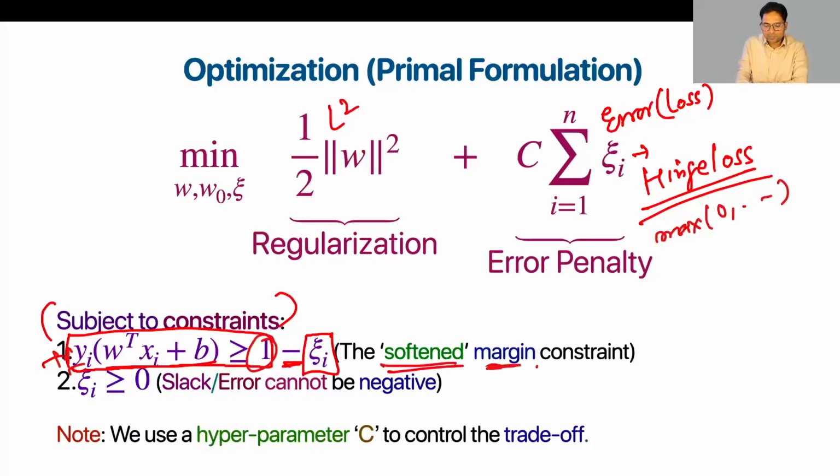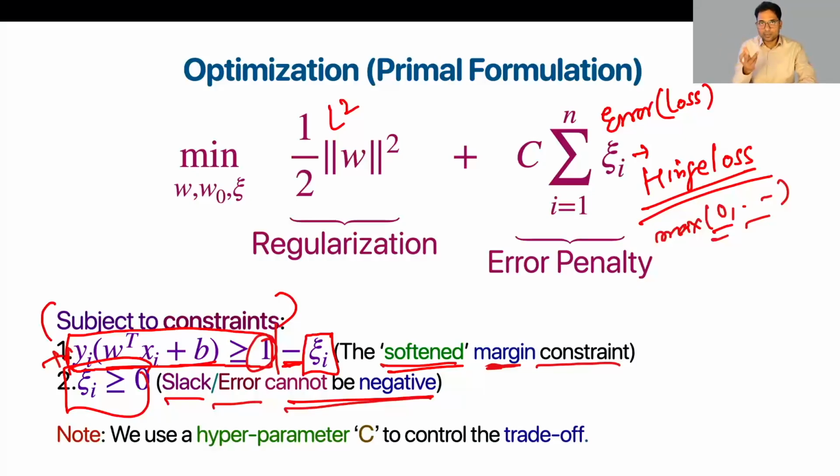There is a softened margin constraint, that the margin is soft, it is not hard. Earlier it was hard margin, it should be 1 only, nothing can come there. So I have some scope of wiggle, and this slack or error cannot be negative. The error is always positive, because that is max of 0 comma the other error calculation, this we did, right? So this will go this side, this will become minus 1. From this the error calculation can come.